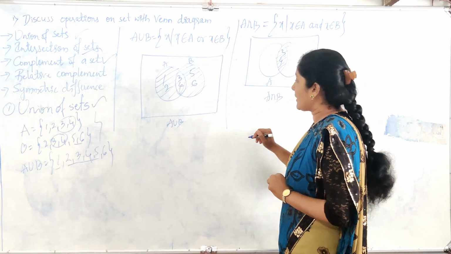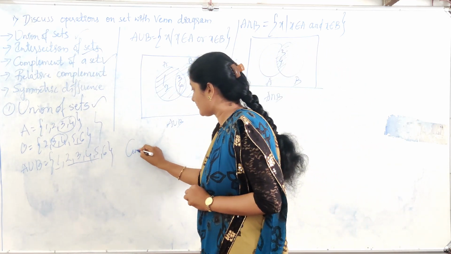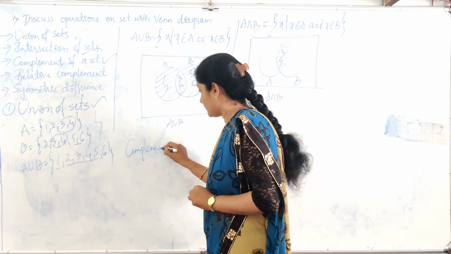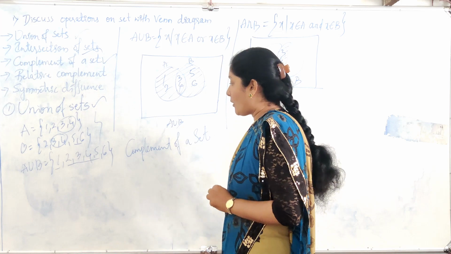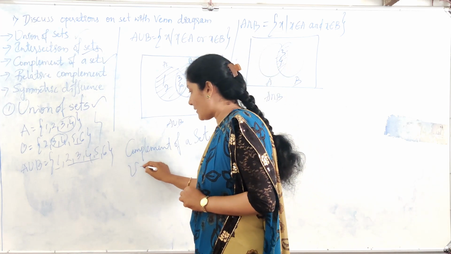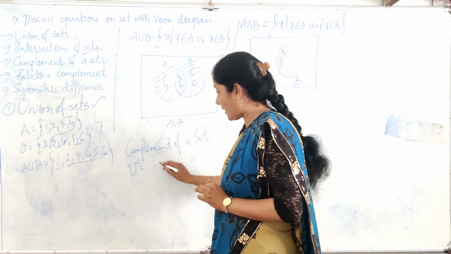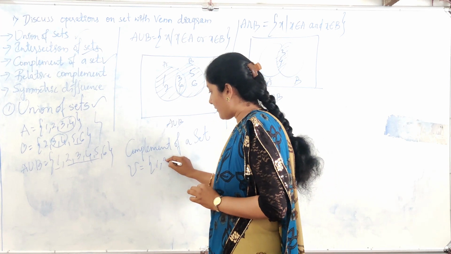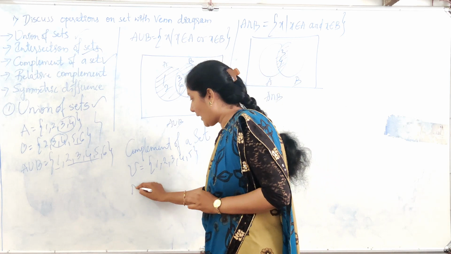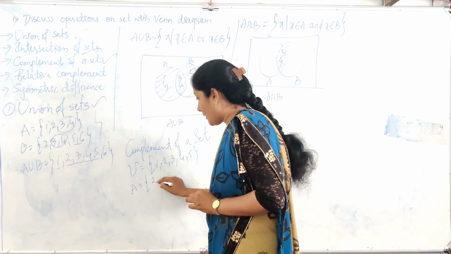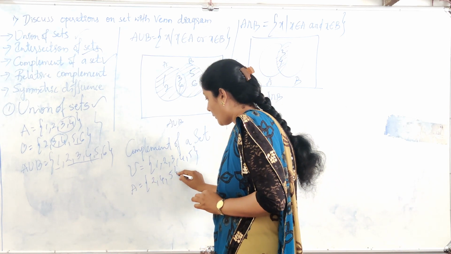So complement of a set means what? See, here we have to consider the universal set. See, if the universal set is having elements like this, 1, 2, 3, 4, 5, and A will be 2, 4, 5.